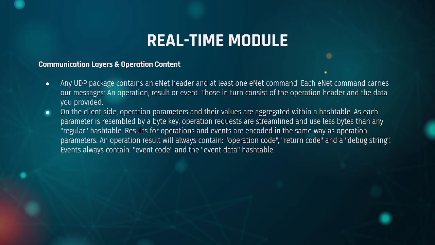The results and events are encoded in the same way as operations and parameters. The result always contains an operation code, a return code, and a debug string. So when you have an error when you try to do some operation, you can see what the error coming from the server is.